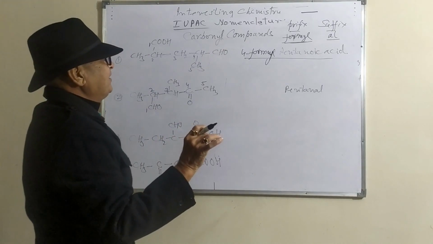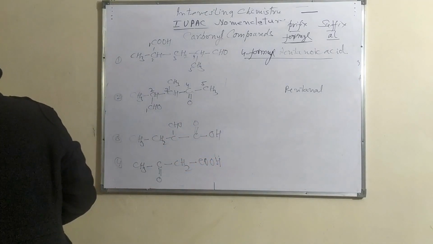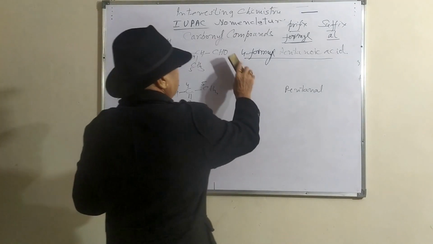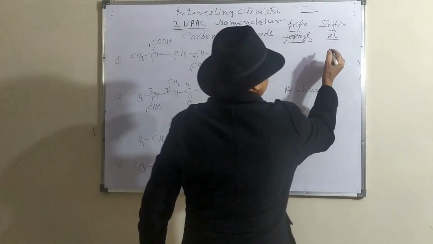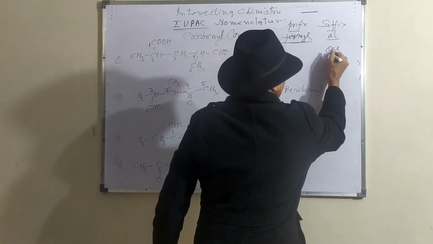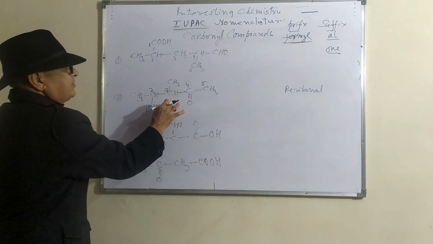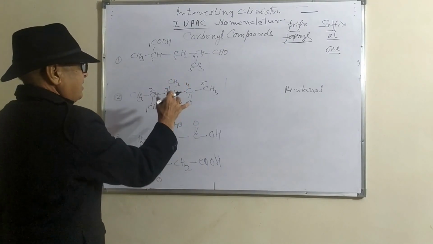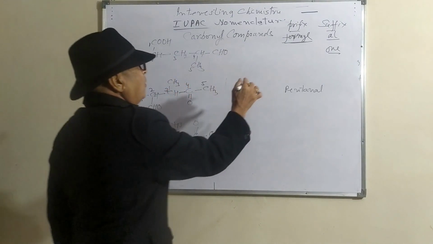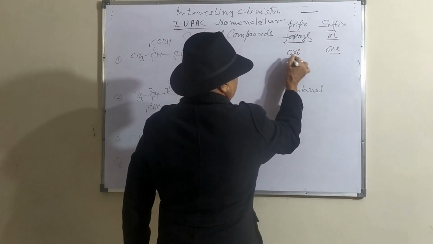I will tell you the prefix and the suffix of the ketonic group. The suffix of the ketonic group is one. When it is written in the place of the prefix, it is oxo.